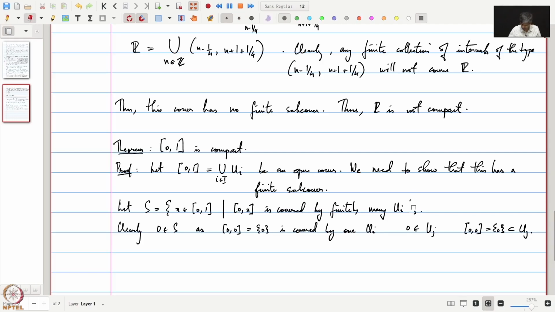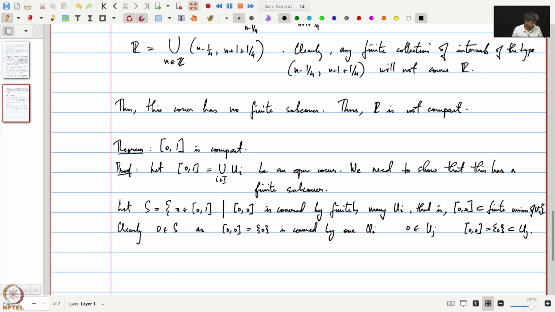When I say covered by finitely many U_i's, I mean that this interval [0, x] is contained in a finite union of U_i's.